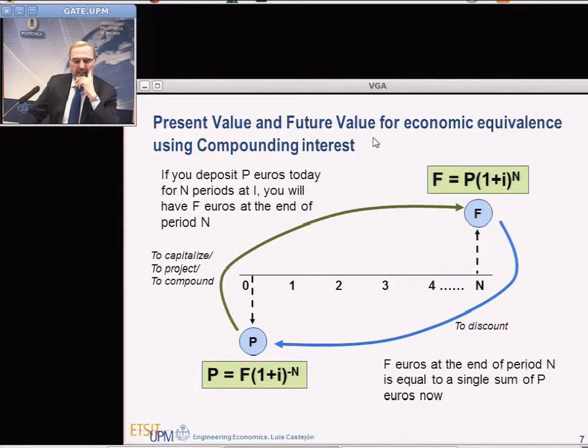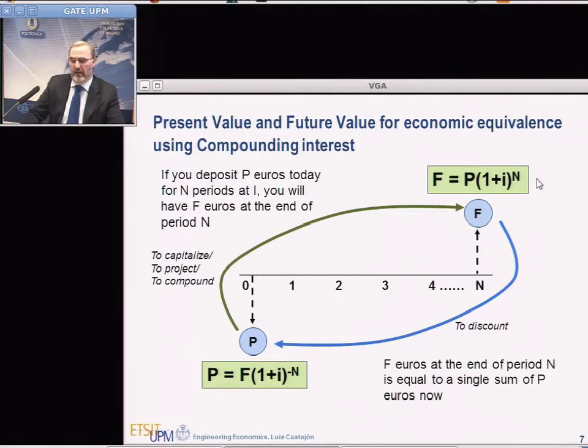So this is the other basic formula of engineering economics. We know this one, which is the future value of any investment today. We deposit a principal amount today, and in n years we will have a future value of this present investment.